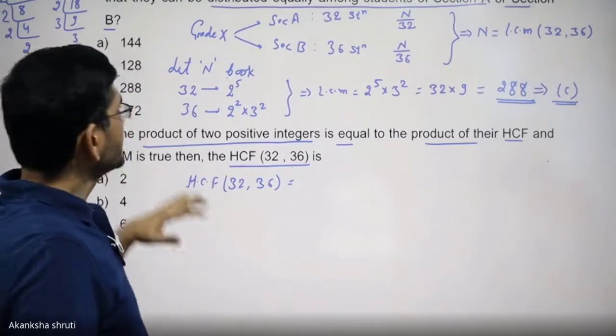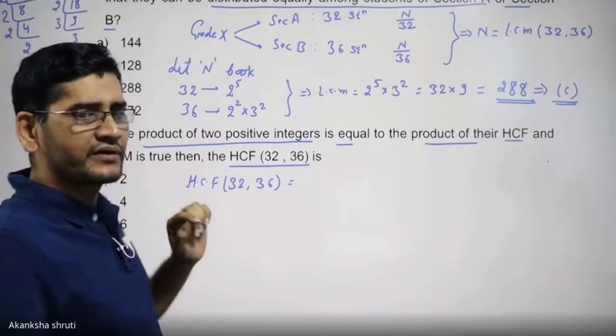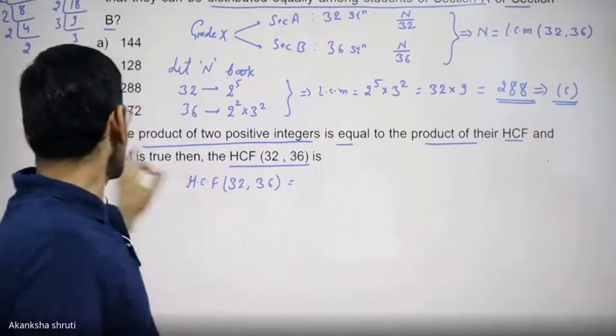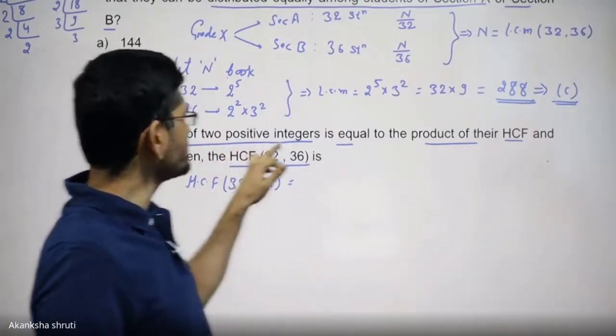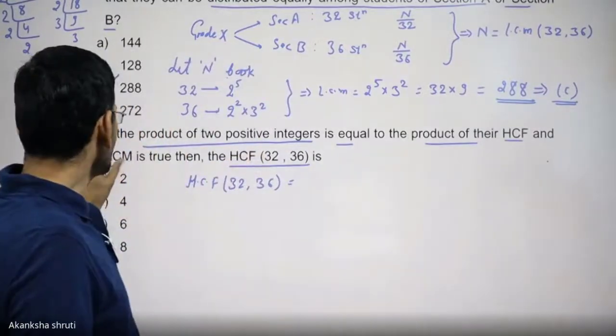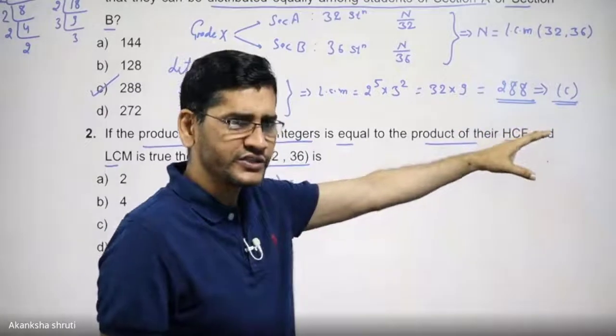But in this question, something else is also given. Students, here it is given that the product of two positive integers is equal to the product of HCF and LCM. It means you should use whatever is given in this statement or in the question itself.